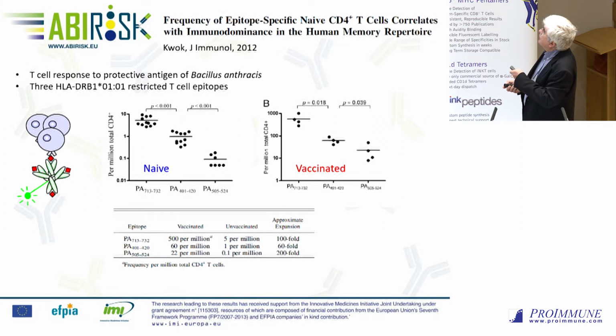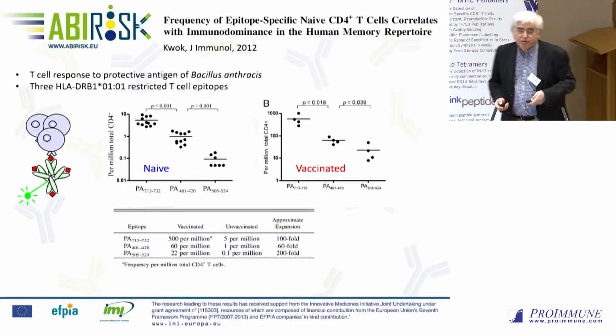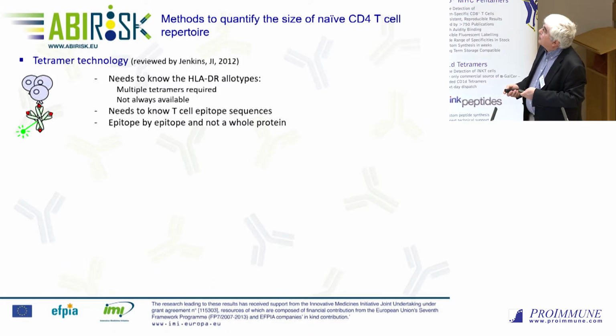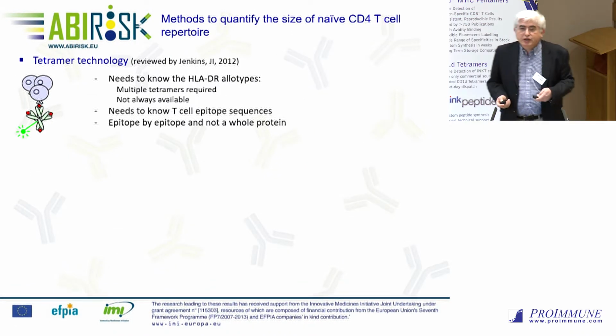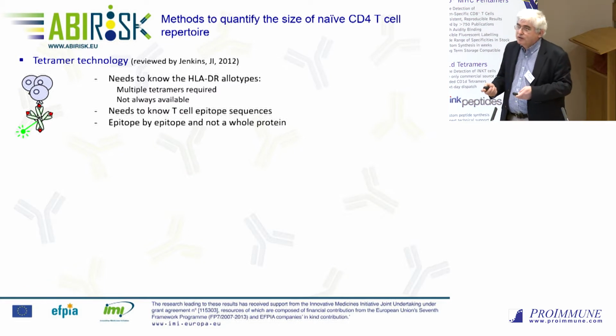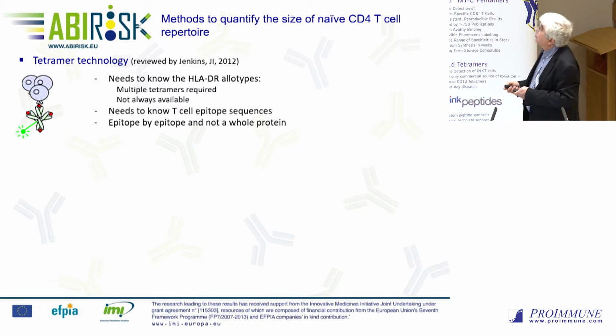They found exactly the same profile, but just the amplitude has been modified. And so again, you see that the higher the response is depending on the number of precursors at the beginning. So you see that it could be very informative to get data from the naive donors.